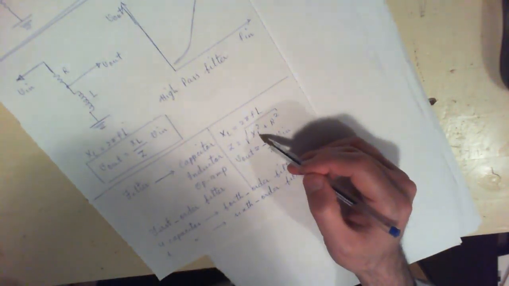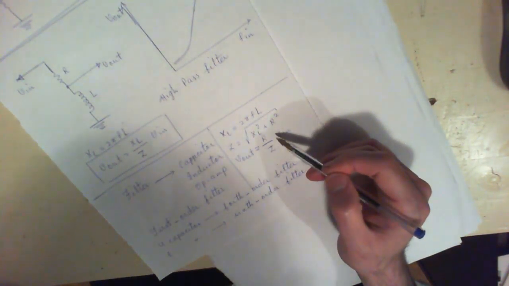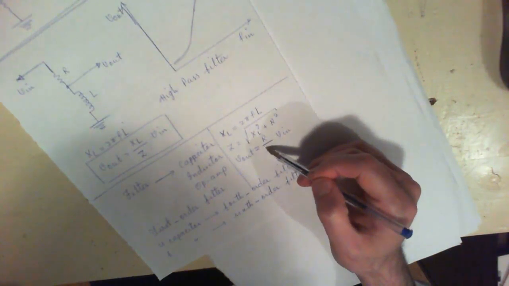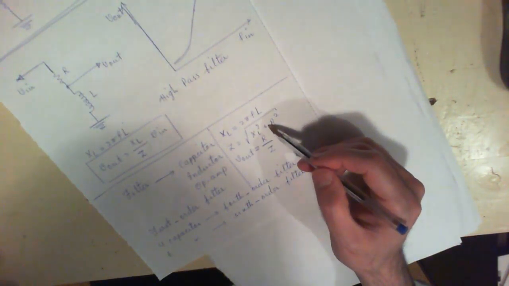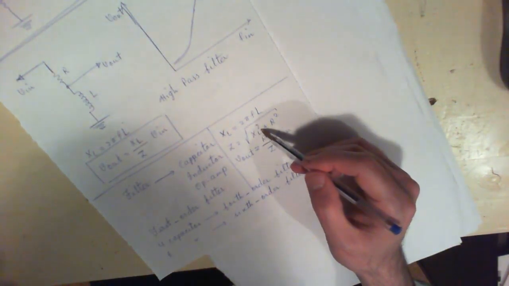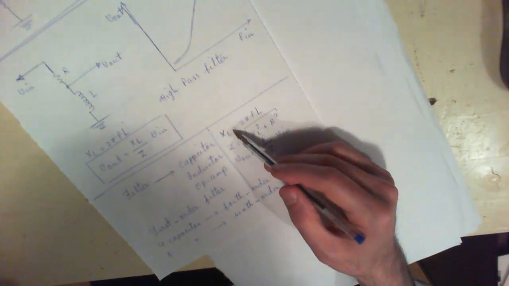So with frequency, the value of this resistance is not going to change. The only thing that changes is your Z, and your Z is going to increase as you increase your frequency, because your X of L is going to increase.